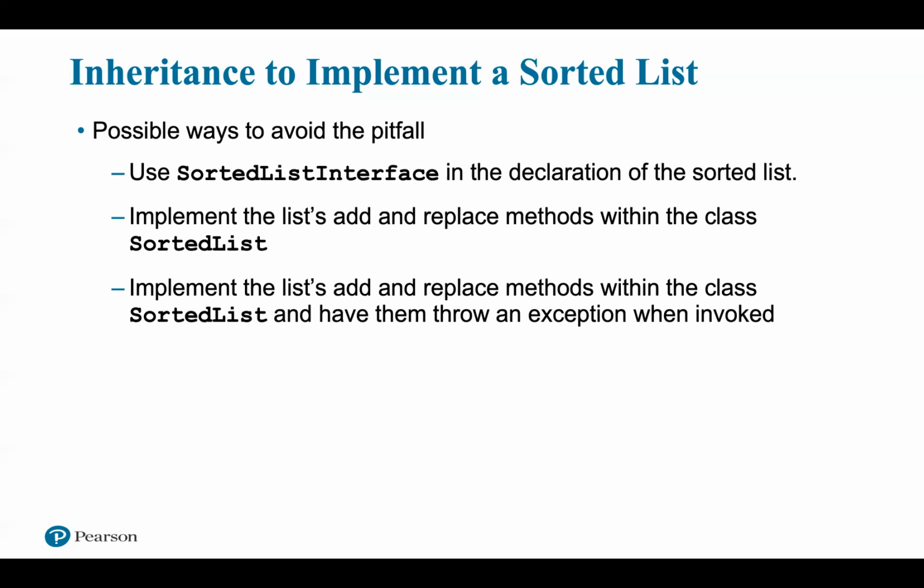A third option: implement the list add and replace methods within the class SortedList and have them throw an exception when invoked. Note, add also overrides the version that LList implements. If the client invokes this method and an exception occurs, the approach is a common practice and it is one we prefer.